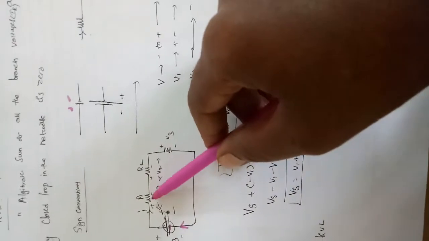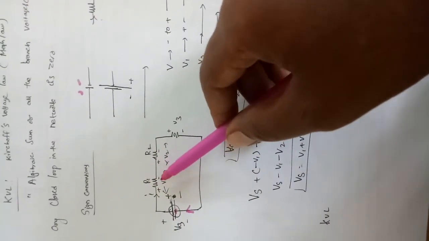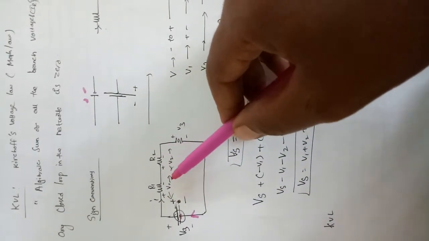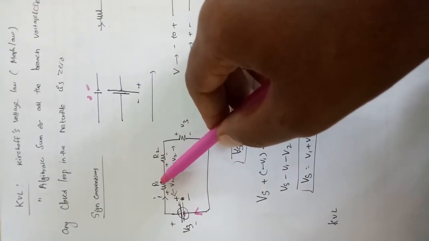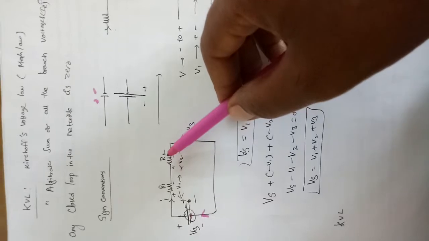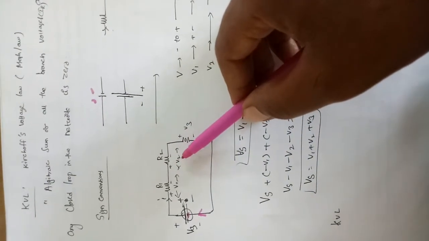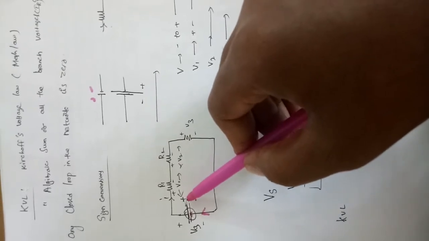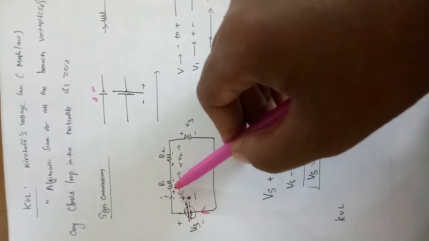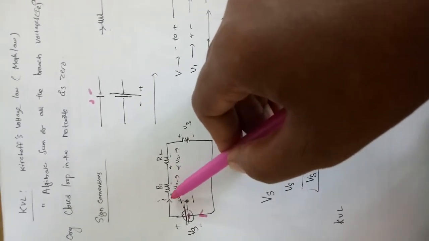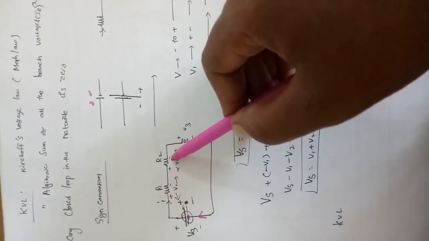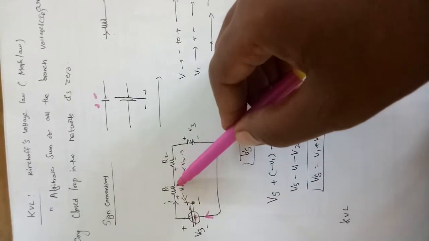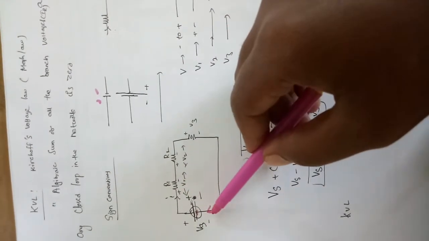Now consider a circuit having a battery and resistances R1 and R2. The voltage drop across R1 is V1 and across R2 is V2. Provide the dot conventions: current entering is plus, leaving is minus.